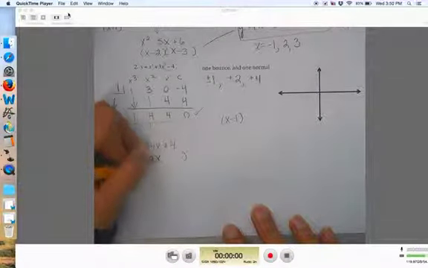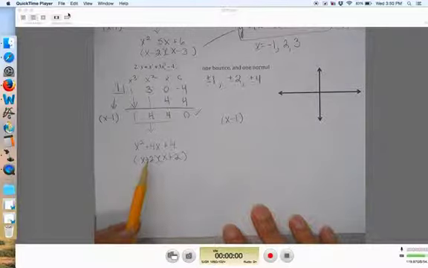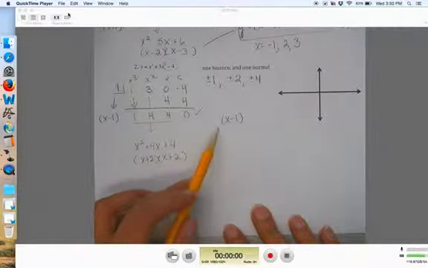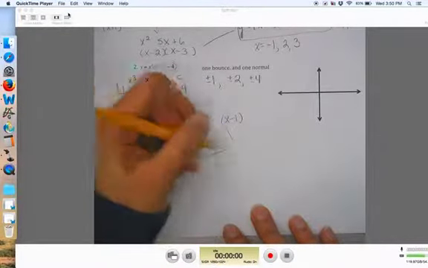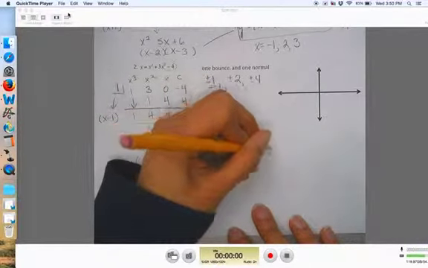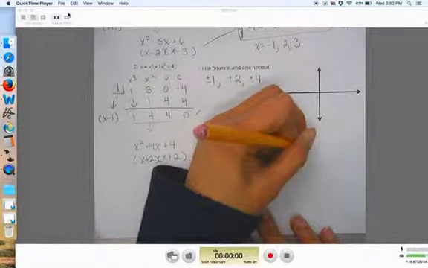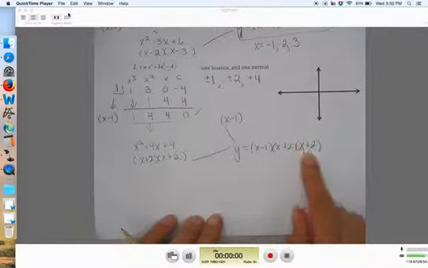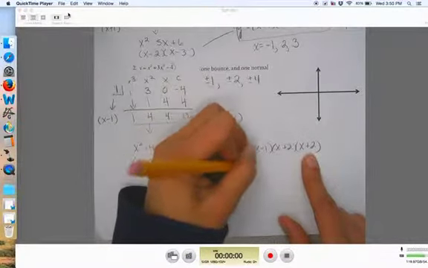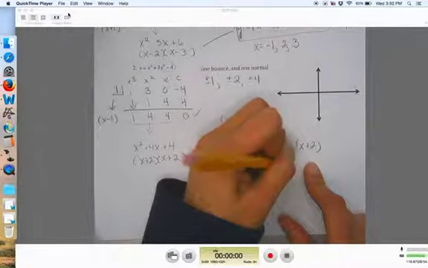X plus 2, x plus 2. So we have x plus 2, and this x minus 1. So we'll write those all out. And then remember, if you have a factor that shows up twice, you can rewrite that as that one factor squared.